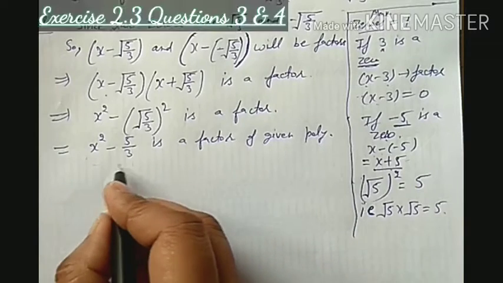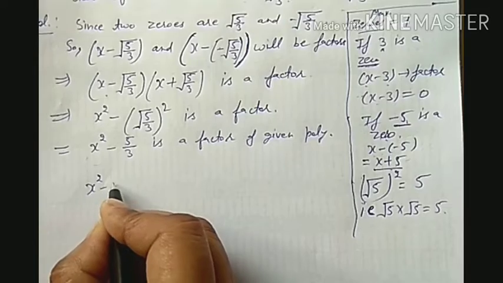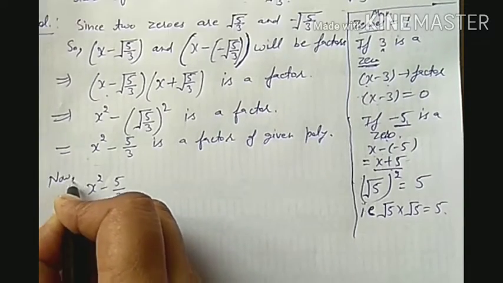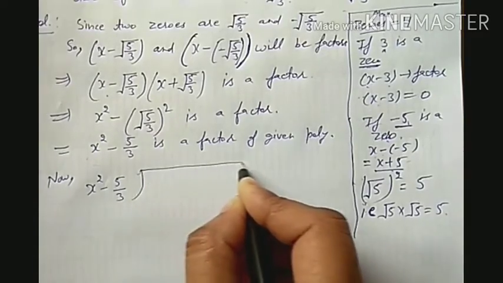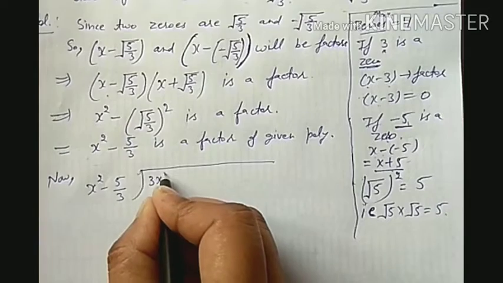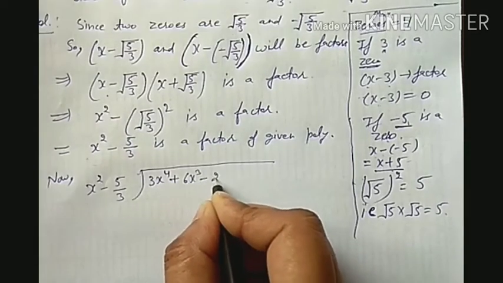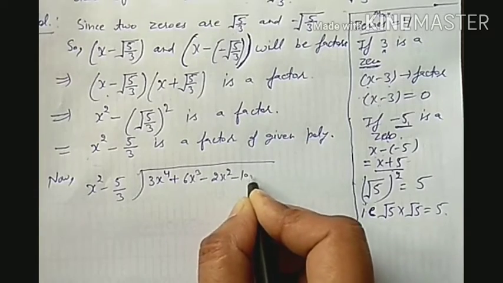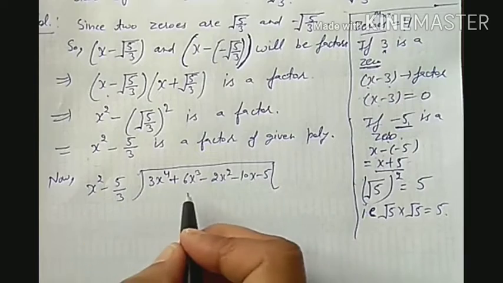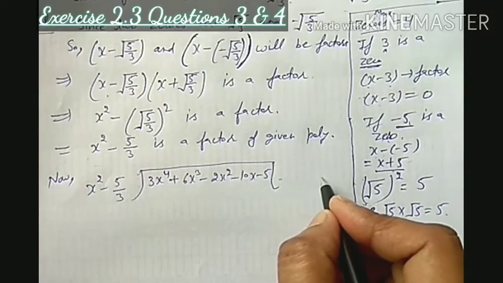और जब हम इस फैक्टर x square minus 5/3 से गिवन पोलिनोमियल को, व्हाट इज गिवन पोलिनोमियल? 3x raised to power 4 plus 6x cube minus 2x square minus 10x minus 5 divide करेंगे, then we get one polynomial as quotient.